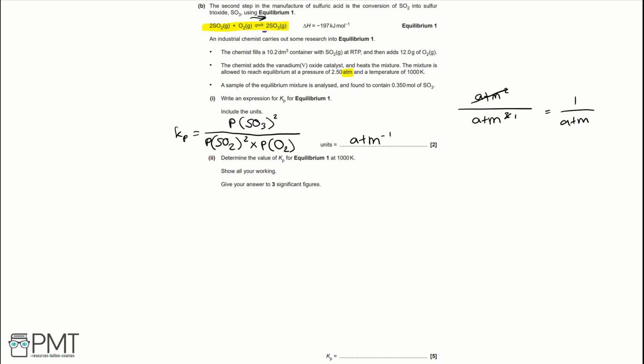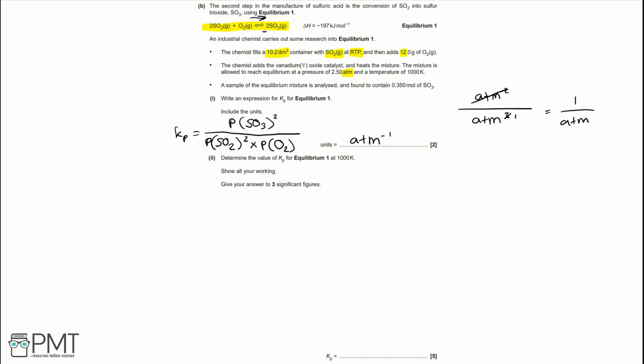Part 2. Determine the value of Kp for equilibrium 1 at 1000 Kelvin. Show all your working. Give your answer to 3 significant figures. Firstly, we need to highlight the key pieces of information that are going to help us answer part 2. So our first key piece of information is that we've got 10.2 decimeters cubed of SO2 and we're measuring this at room temperature and pressure.